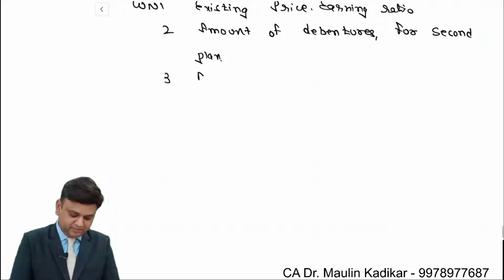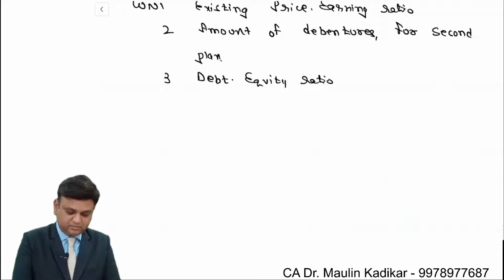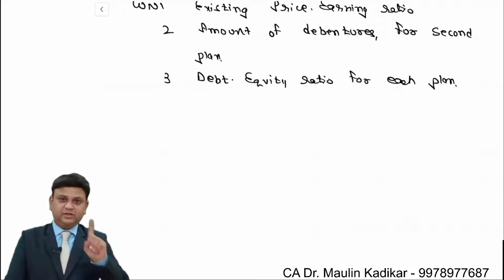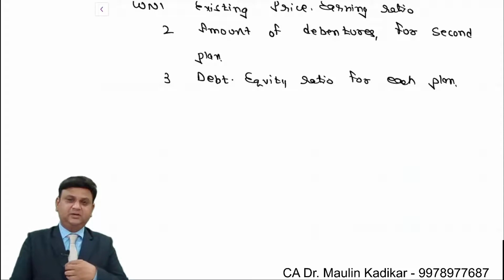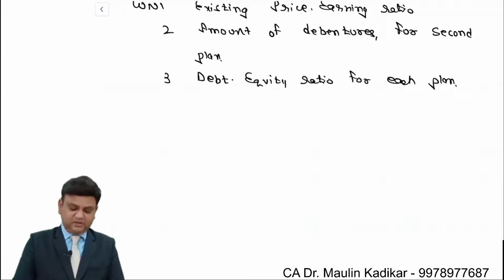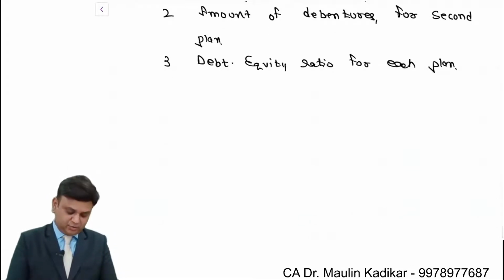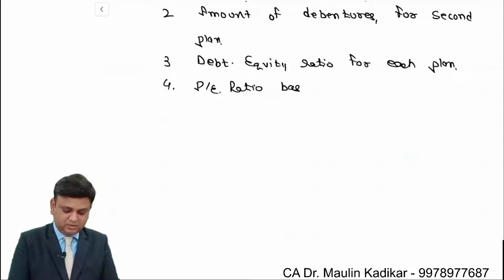Third, debt equity ratio for each plan, whether we are going for the first one or we are going for the second one. In both the cases, what would be the debt equity ratio, that we will compute. Fourth, price earning ratio based on debt equity ratio.